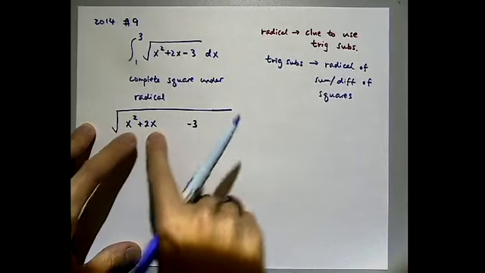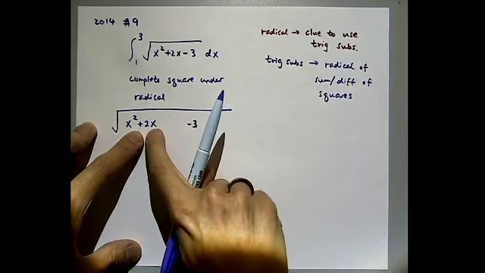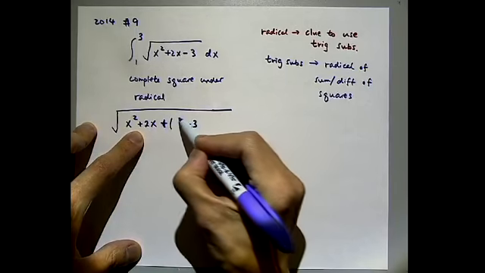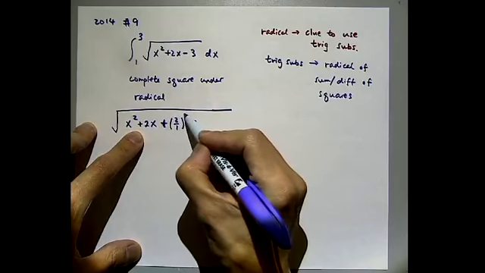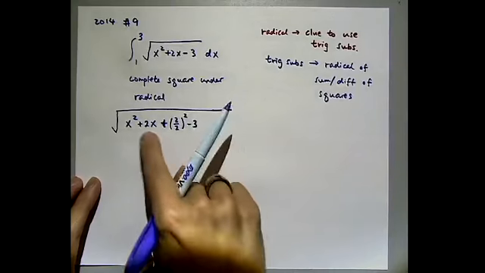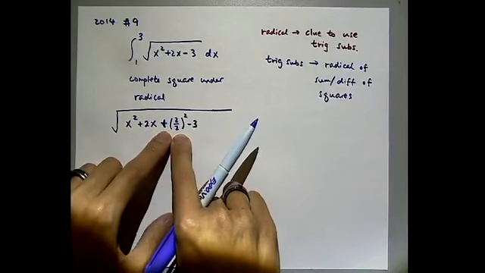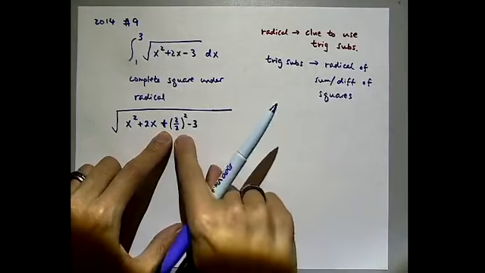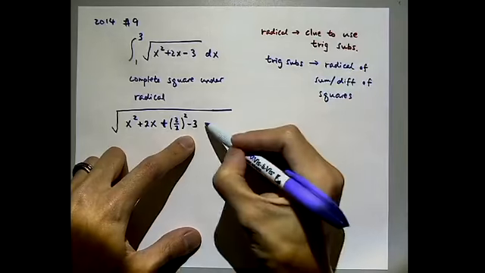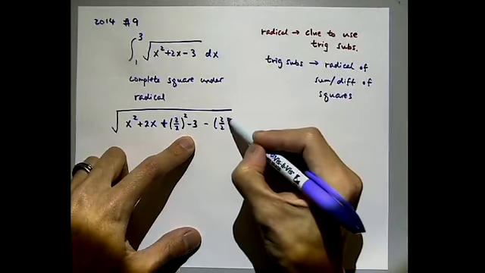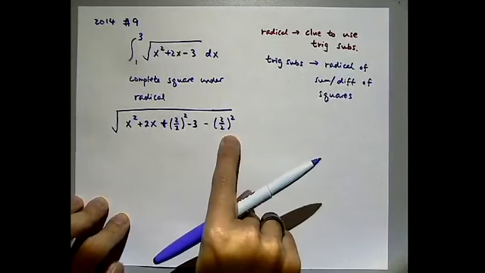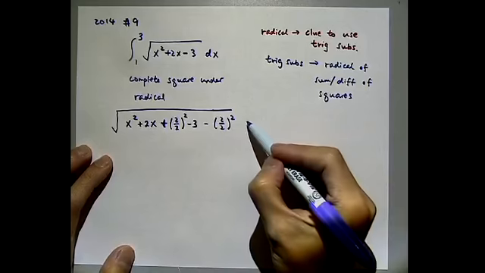Completing the square, remember we take 1/2 of the coefficient of x and then square that. We take 1/2 of this term, square it, and add it here. But if I added something here, I've got to balance that by taking the same thing away. Okay? So I added this to complete a square, and then I take it away, so I don't change the quantity.